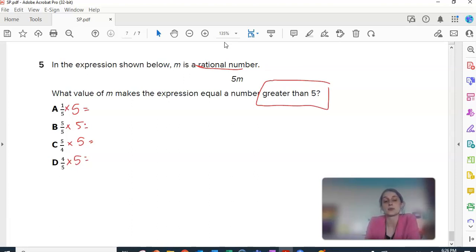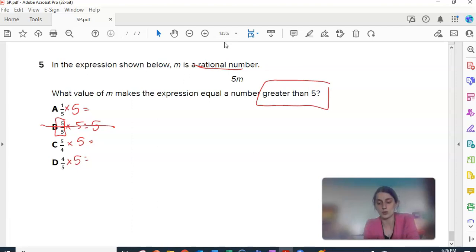Let's see. I'm going to start with B. 5 divided by 5, that is really the same as 1. 1 times 5 is 5, and 5 is not greater than 5. So if 1 times 5 gives you just plain 5, then something less than 1 is going to give you an answer that is less than 5.